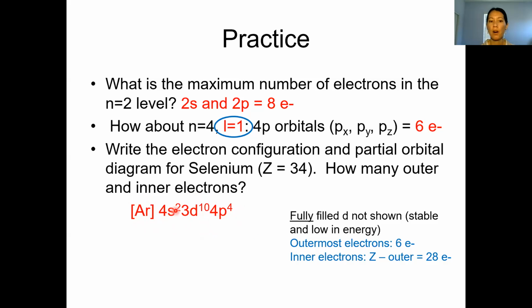So the outer ones are a total of 6 here. And you can count the number of inner ones 2 ways. You could just take the total electrons from the Z atomic number and subtract the outer. So that would have been 34 minus 6, 28. Or you could have literally counted up the total for argon, 18, plus the 10 in the D, and that's 28.